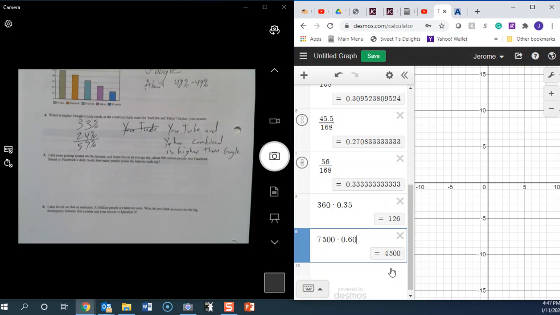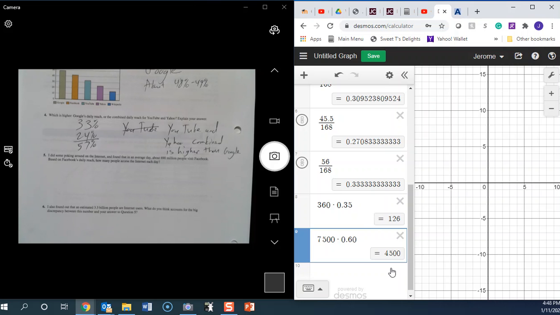Okay, number 5. I did some poking around on the internet and found that in an average day, about 690 million people visit Facebook. Based on Facebook's daily reach, how many people access the internet each day? Now remember, this is just talking about the top 5 websites.